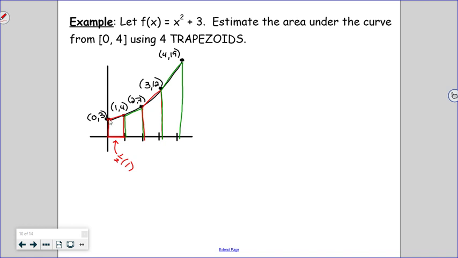So the height of our trapezoid becomes 1. The bases then are the heights of each of those points along our curve, so 3 and 4.